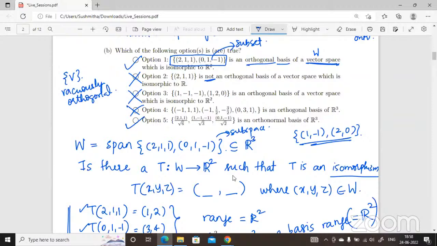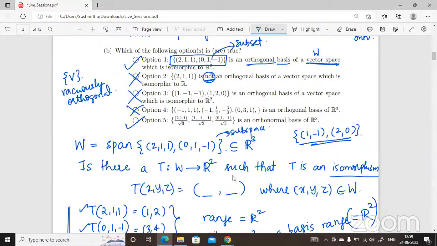So is this concept of orthogonal basis, orthonormal basis clear? In option 2, there is an orthogonal basis, not here, then it is isomorphic to R. The same as how we did for option 1, you can do for option 2.